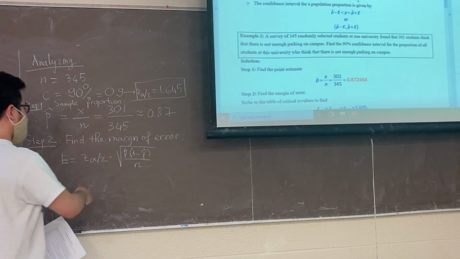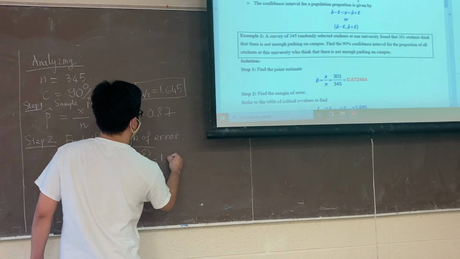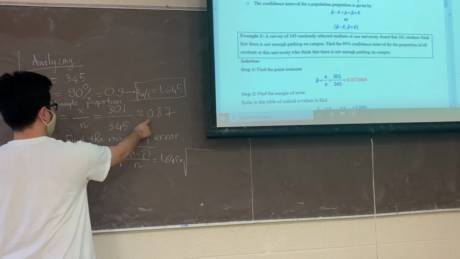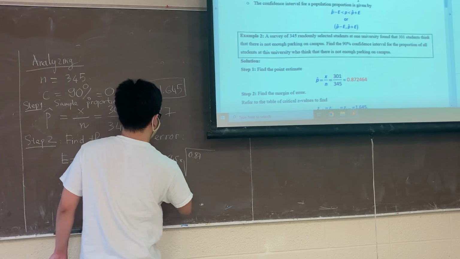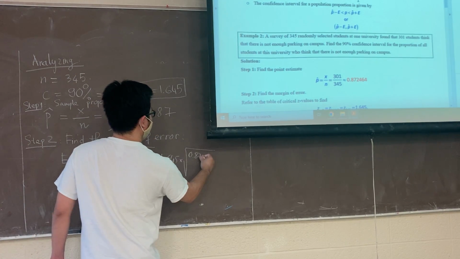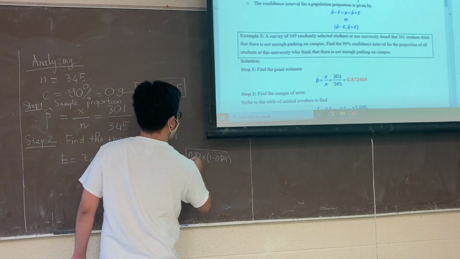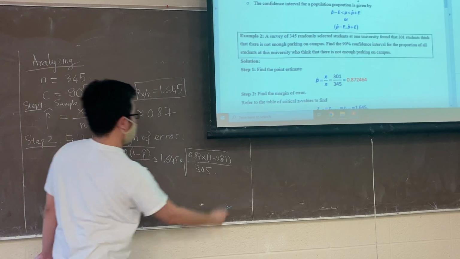And now we will relate all the things to this formula. It's 1.645 times the square root of p hat, here is 0.87, times 1 minus this number, over n, here is 345.